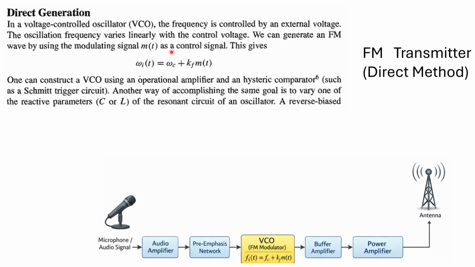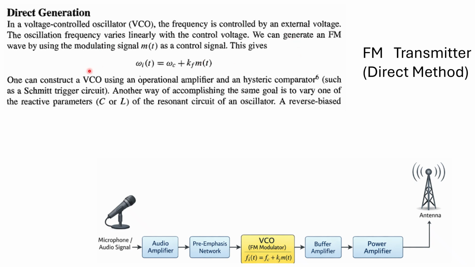In a voltage controlled oscillator, that is the VCO, which is the main part of this transmitter, the frequency is controlled by an external voltage. The oscillation frequency varies linearly with the control voltage. This is the major crux of the VCO: the voltage will manipulate your frequency.